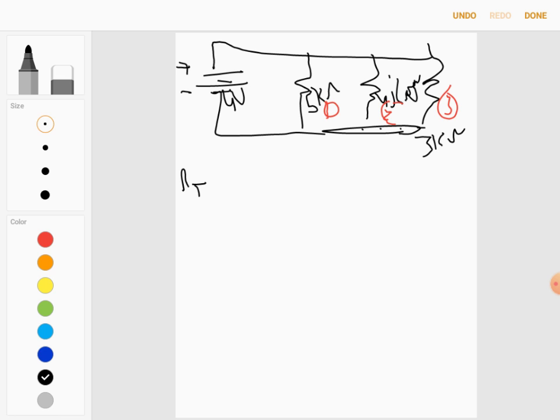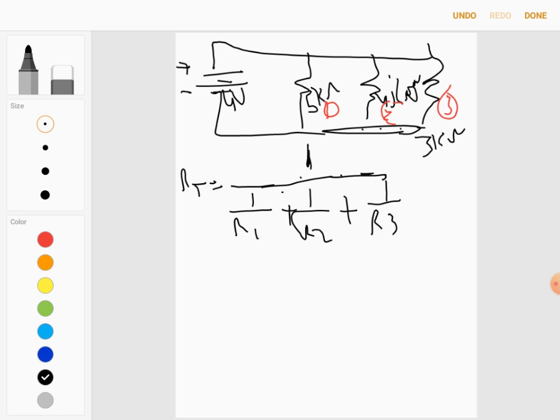This is the one that's a little bit tricky. The equation is 1 divided by the sum of 1 divided by the first resistor plus 1 divided by the second resistor plus 1 divided by any amount. You just keep adding depending on how many resistors there are, but there's 3, so I'll do this.